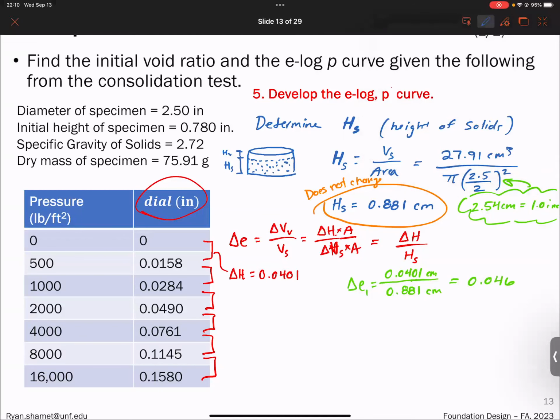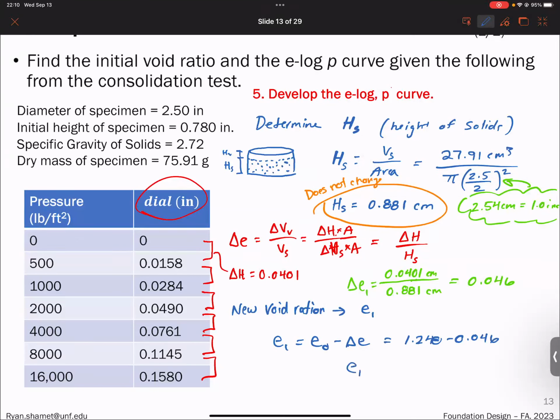We would then find the new void ratio, or in this case, we'll call this E1. So E1 is going to equal E naught minus the change in void ratio. This is equal to 1.248 minus 0.046.